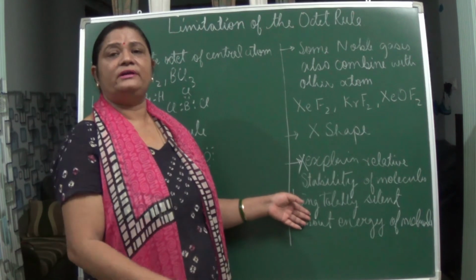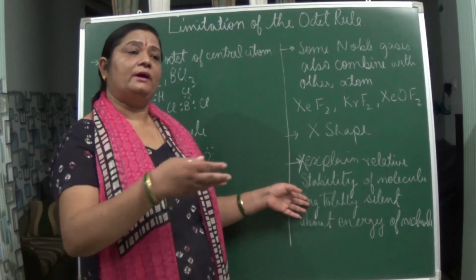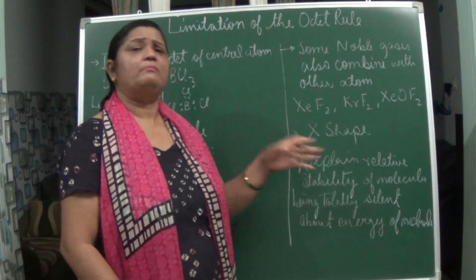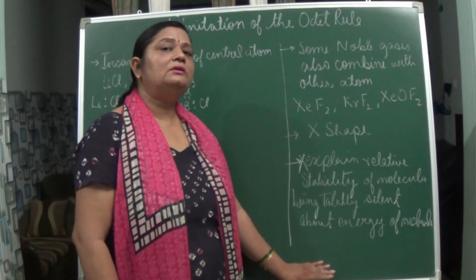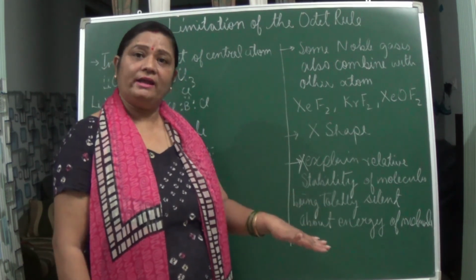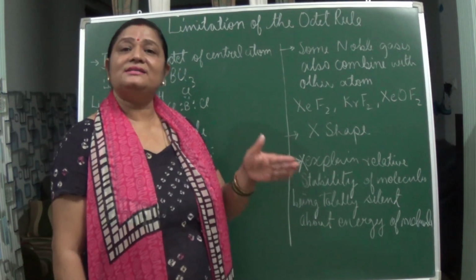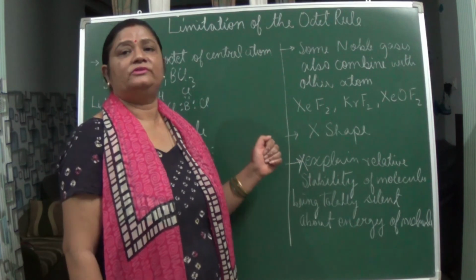When we were calculating, we said that the lowest formal charge says about the lowest energy level, but it could not explain much. So here we got the limitations of this octet rule, and further we will be studying how different theories came which could explain the shape of the molecule.